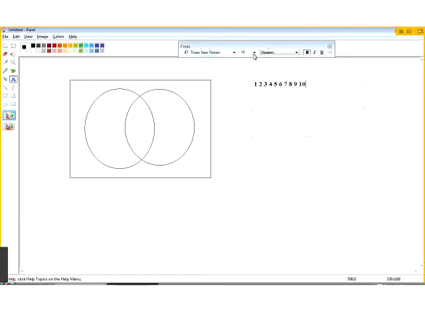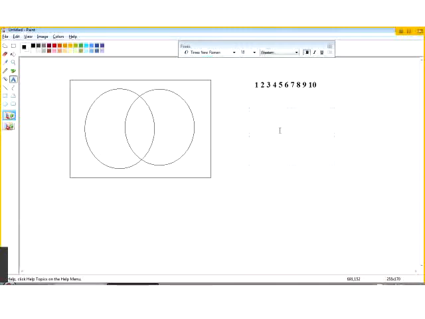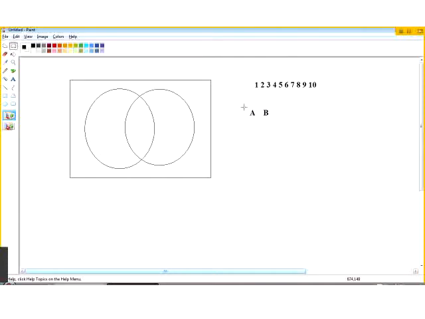These are the elements of our universal set, and I'm going to place them into our Venn diagram. Before we move on, we name the two sets that we have, set A and set B.